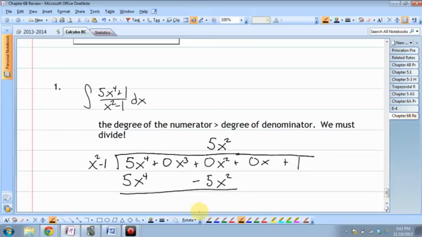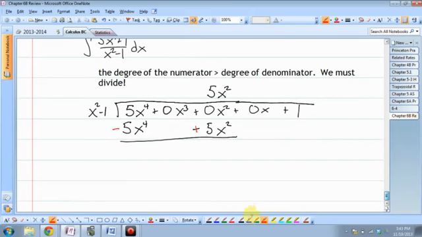Line it up, subtract it by changing the signs, and then adding. So now we have 5x squared, bring down plus 1. And then I think we need to multiply by plus 5. That gives me 5x squared minus 5.